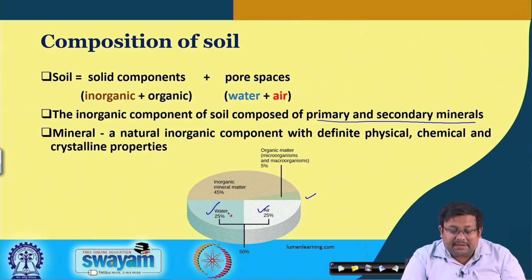And among the solid 50%, inorganic compound will be 45%, whereas organic matter, which is basically composed of microorganisms, macroorganisms and humus, will account for only 5%. So, this is the volumetric composition of soil.